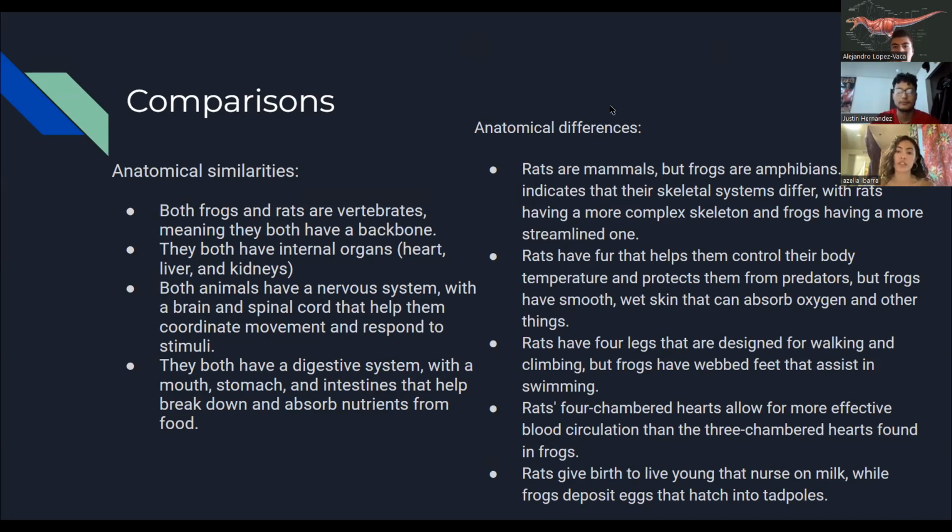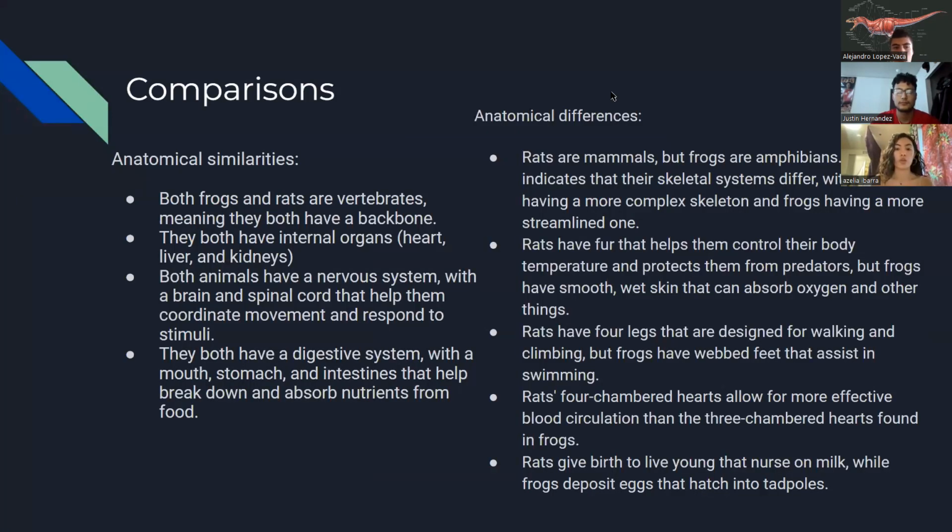The second difference would be that rats have fur that helps them control their body temperatures as well as protect them from predators, while frogs are the opposite and they have smooth and wet skin that absorbs oxygen and other things as well.